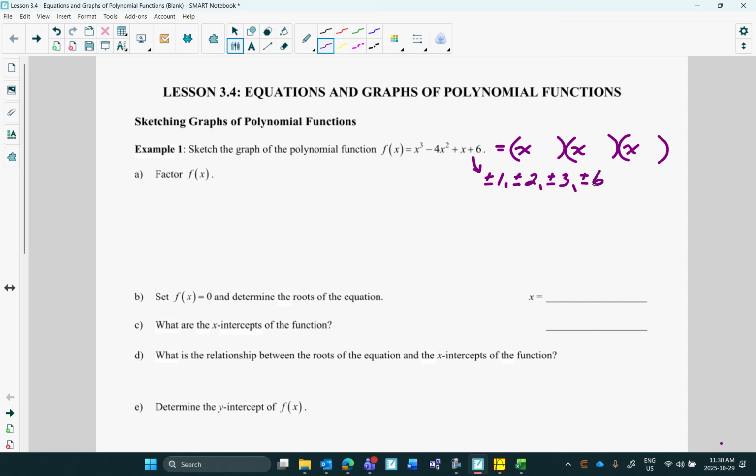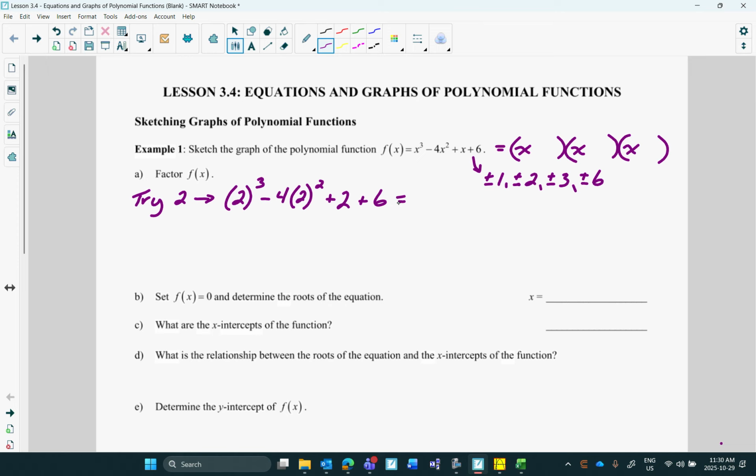So let's try. What should we try? Let's try 2. I'm going to cheat a little bit. I'm going to try one that I know is going to work. So 2 to the 3rd minus 4 times 2 squared plus 2 plus 6.